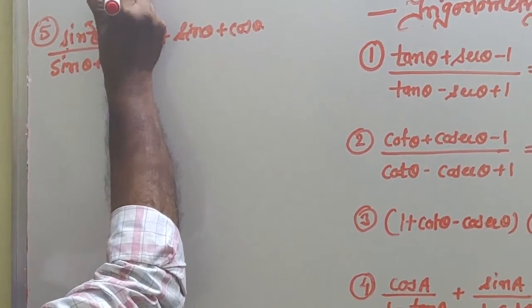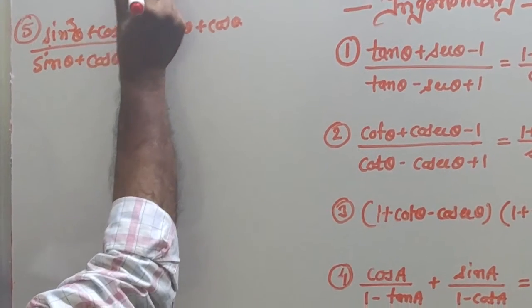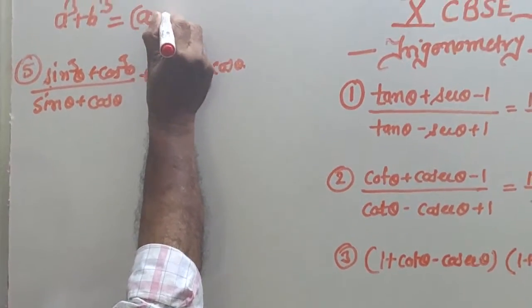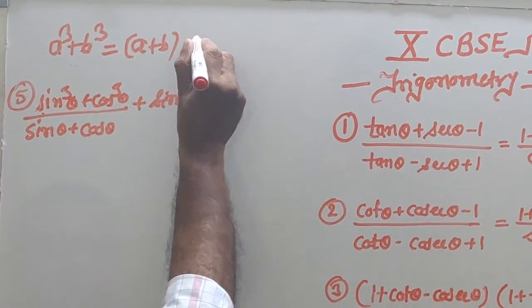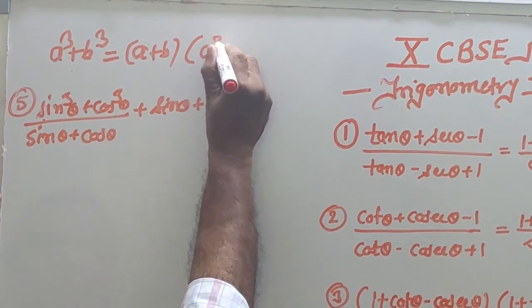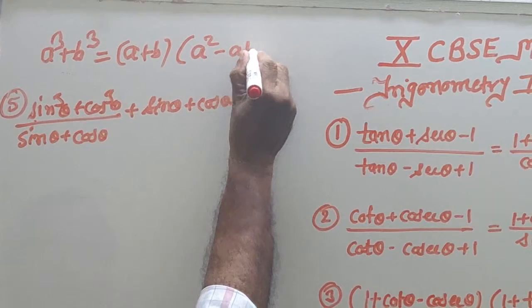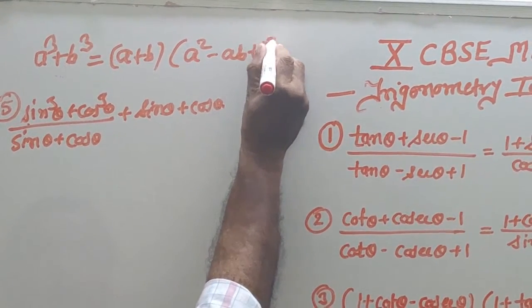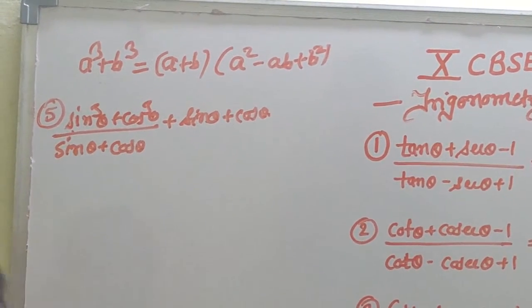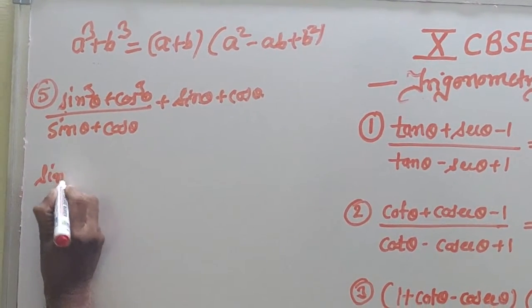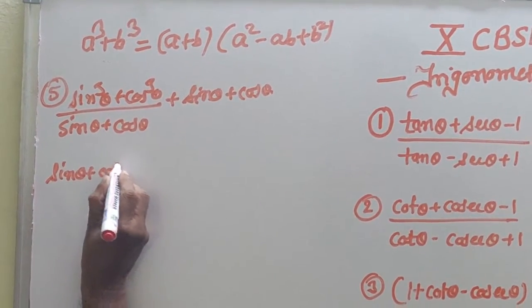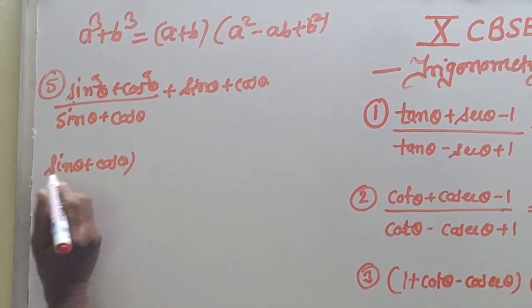What is the formula? You already studied this in 9th standard. It is a plus b, a square minus ab plus b square. Now I am applying this formula here. So what will come here? Sin theta plus cos theta.